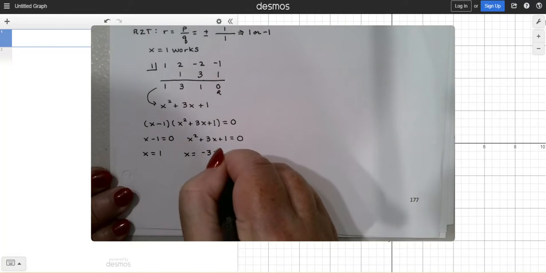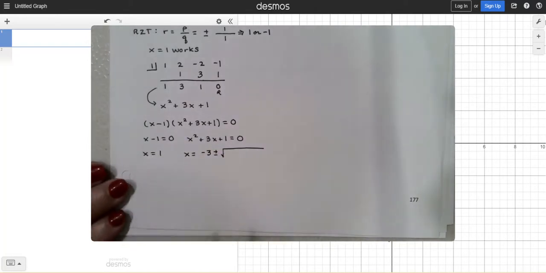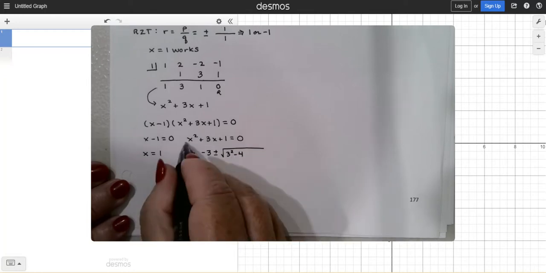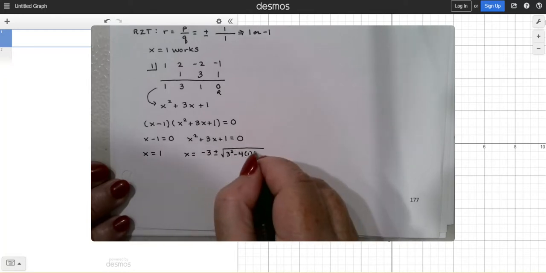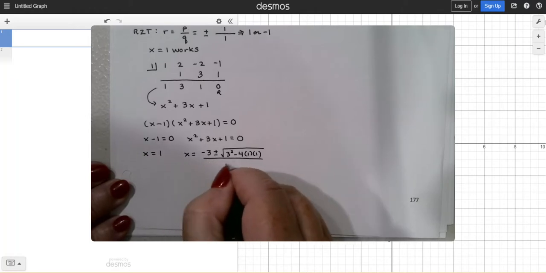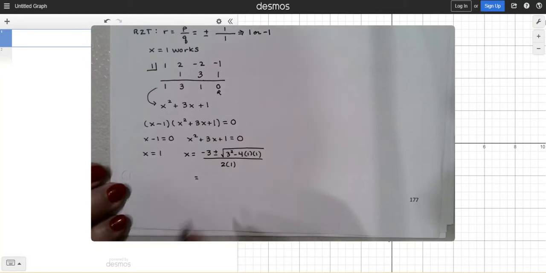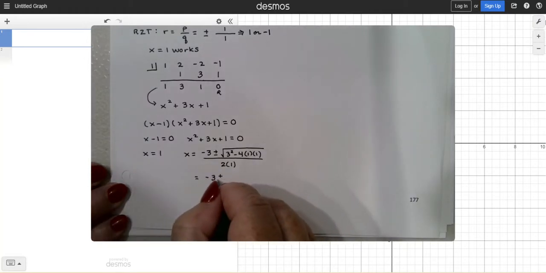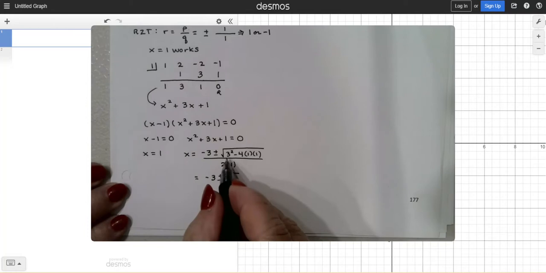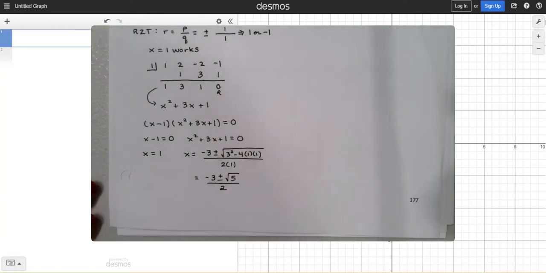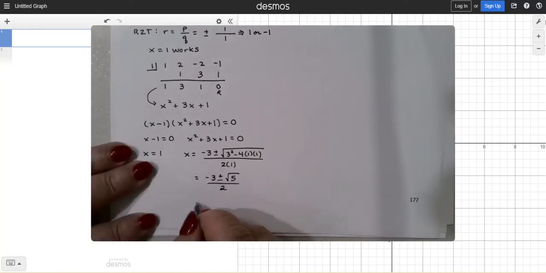Negative 3 plus or minus the square root of 3 squared minus 4 times 1 times 1, over 2 times 1. It's negative 3 plus or minus the square root of 9 minus 4, which is 5, over 2. And if I'm going to have to put these on a number line to get my test intervals, I probably need some decimal approximations here.